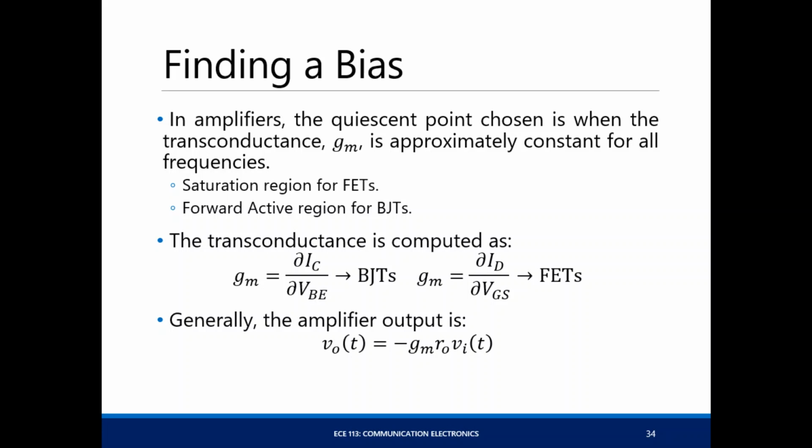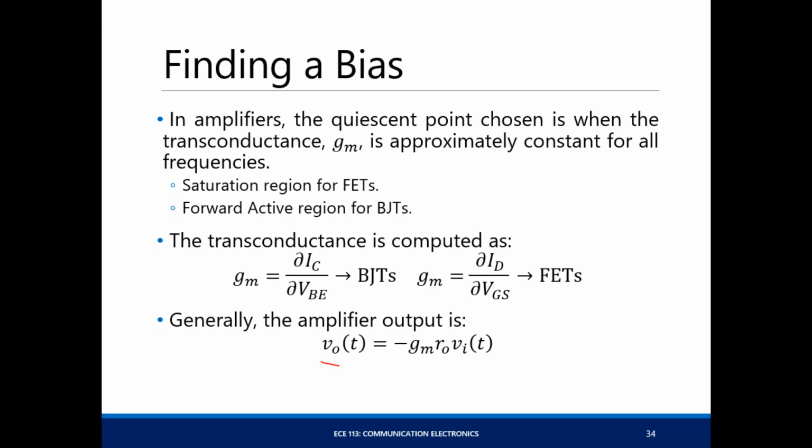For amplifiers, your transconductance region is chosen to the point where it's approximately constant. But for a mixer, you want the bias point to have a GM that has a large swing. Okay?